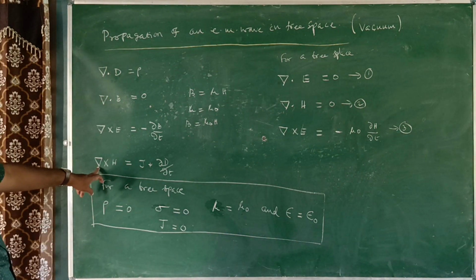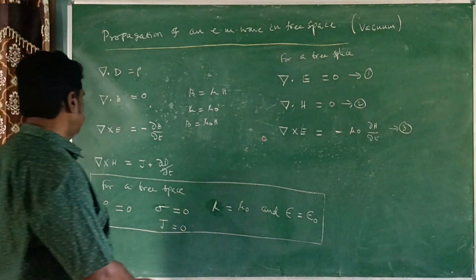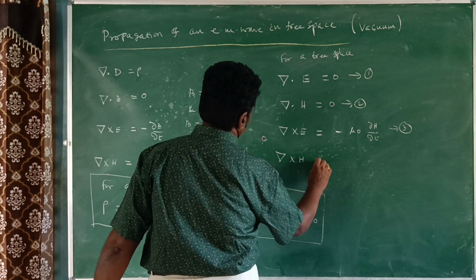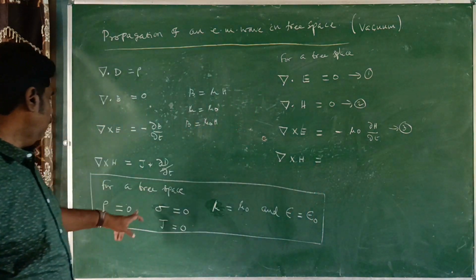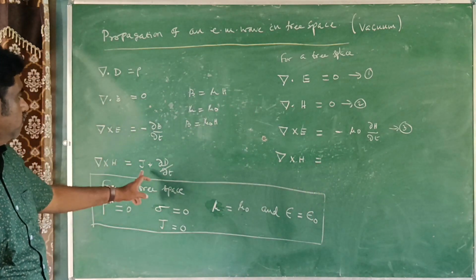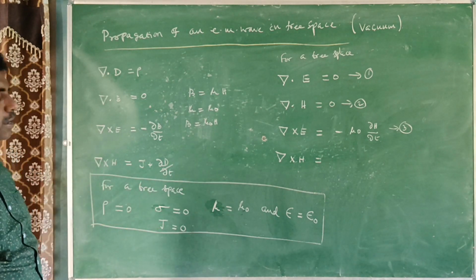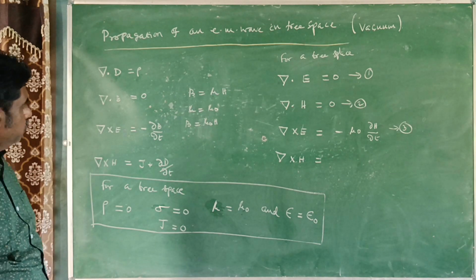Come to our fourth equation, curl H, del cross H, which is equal to J plus dou D by dou t. The value of J is 0 for free space, because J equal to sigma E, conductivity sigma equal to 0, so automatically current density J equal to 0.